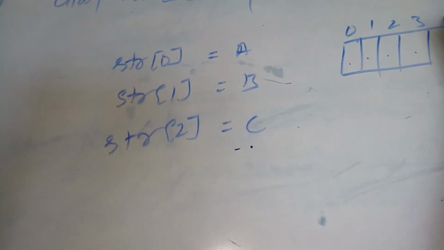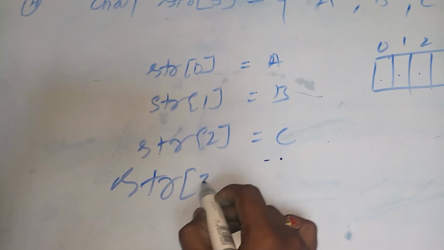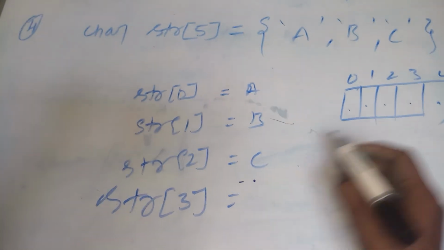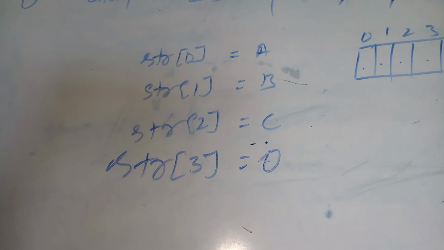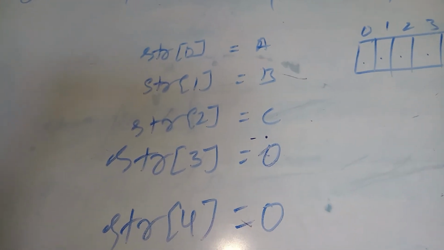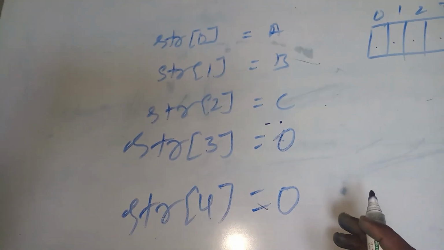Am I correct or not? So str of 3, I have not given any value here, so it is treated as a null value. str of 4 is also treated as a null value. This is a valid statement.